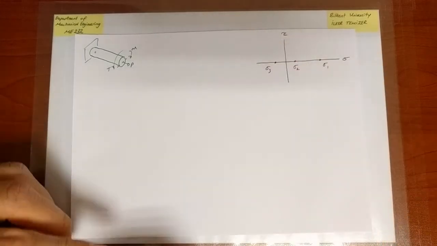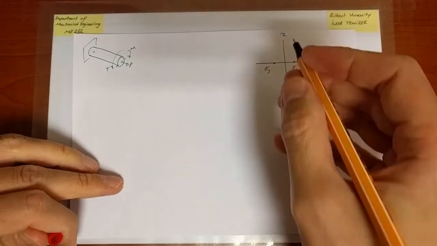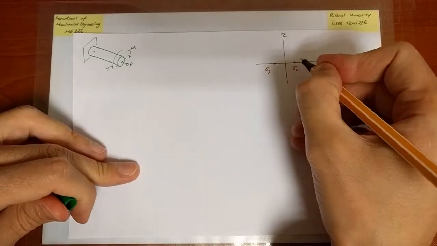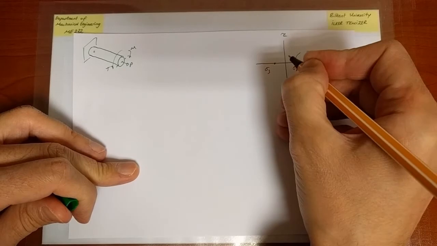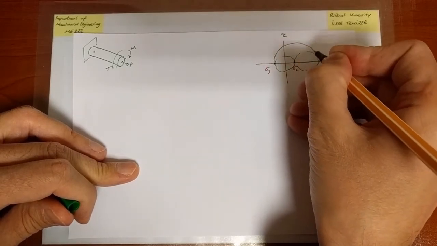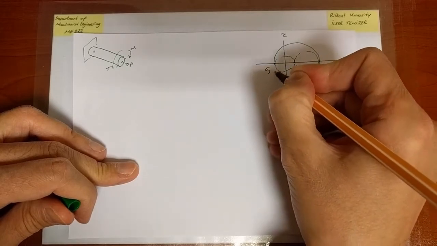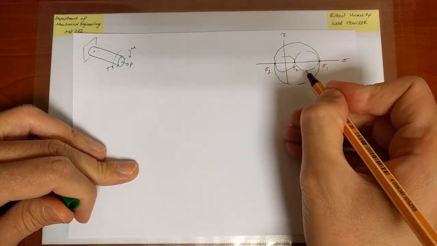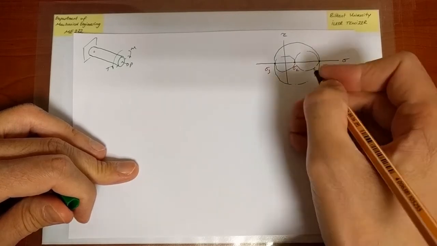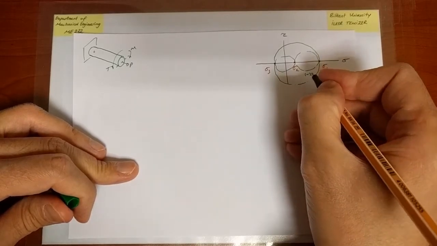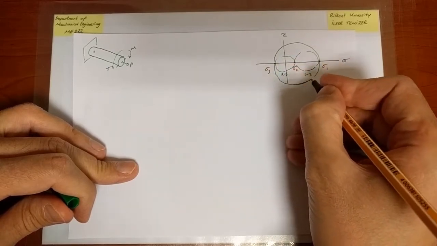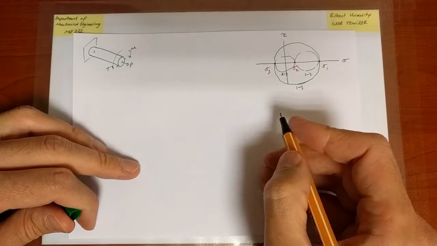Associated with those three values, there will be three Mohr circles: this is the first one, this is the second one, and then there is a third Mohr circle as well. This one looks at rotations within the 1-2 plane, this one looks at rotations within the 2-3 plane, and this one looks at rotations within the 1-3 plane.